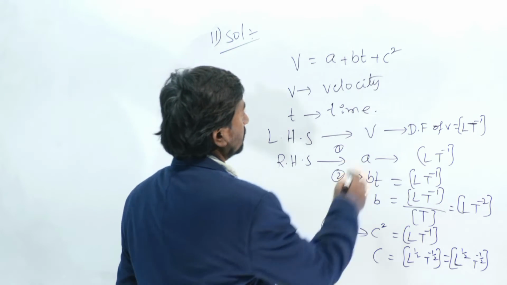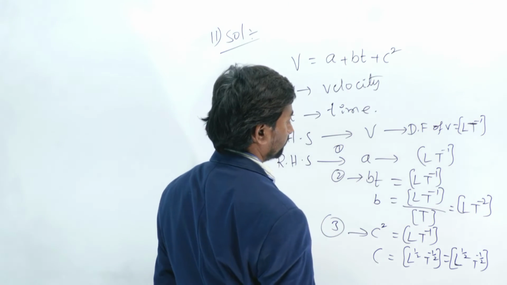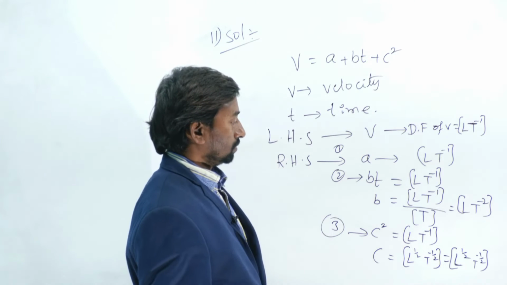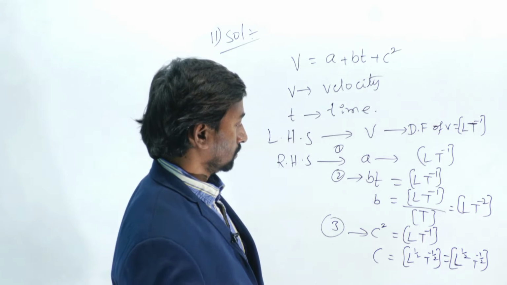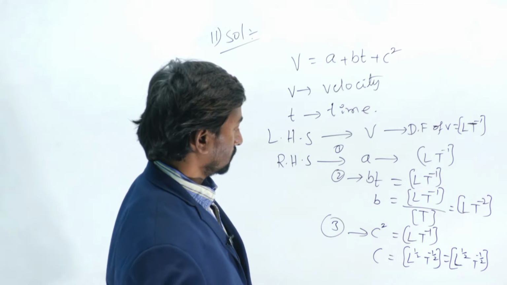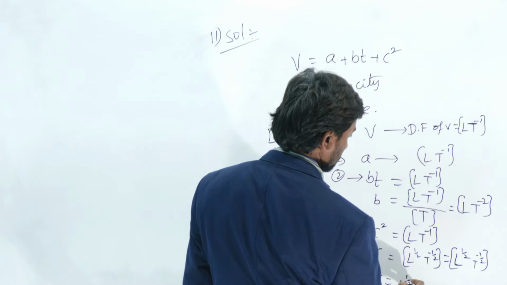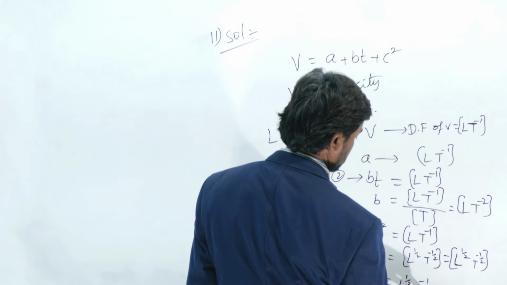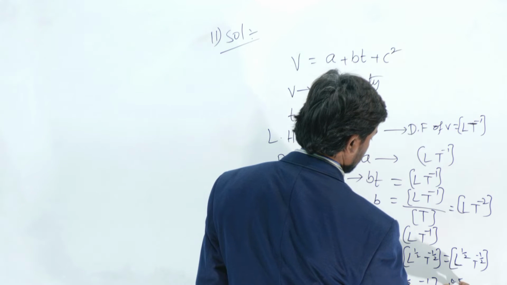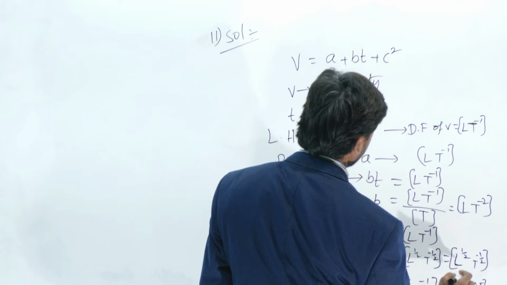So therefore C is equals to L power 1 by 2 and t power minus 1 by 2, means here we should get L power 0.5, t power minus 0.5 should be there.